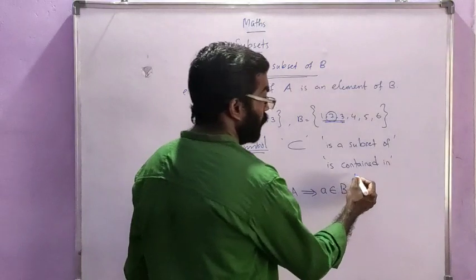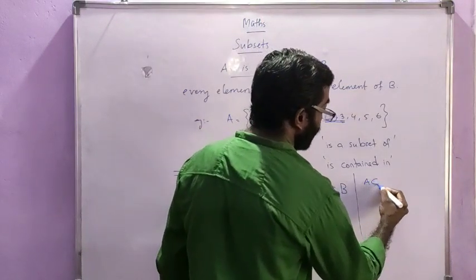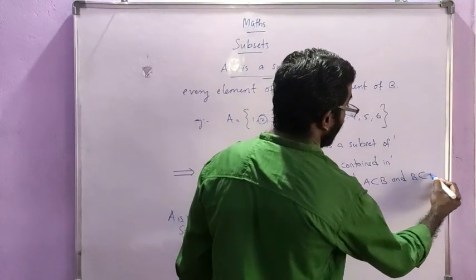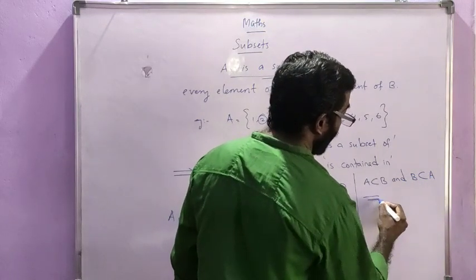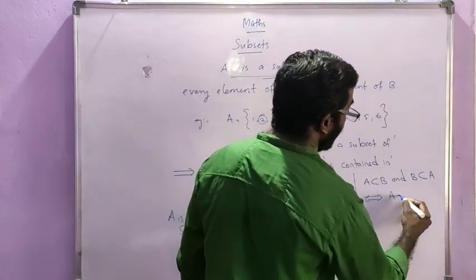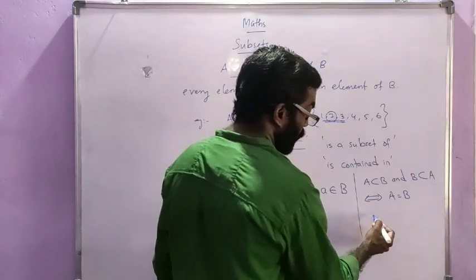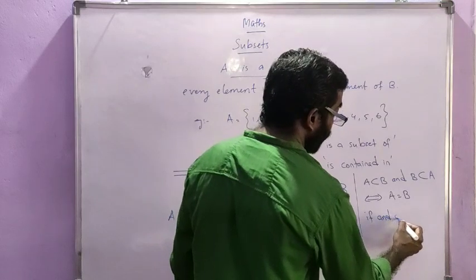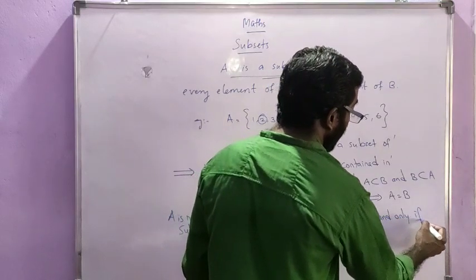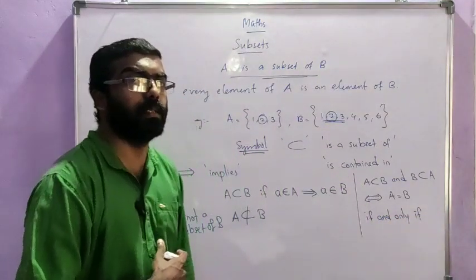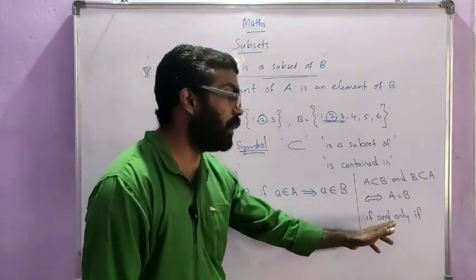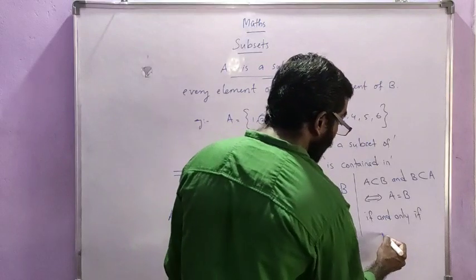Another important thing is, A is a subset of B and B is a subset of A if and only if A is equal to B. This is the symbol used to denote if and only if, a two-way implication: implies and implied by. In short, we can write IFF.